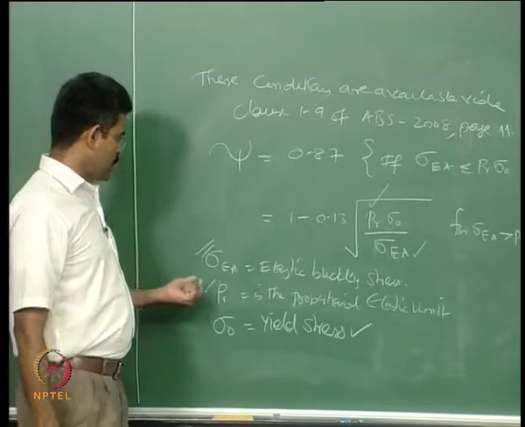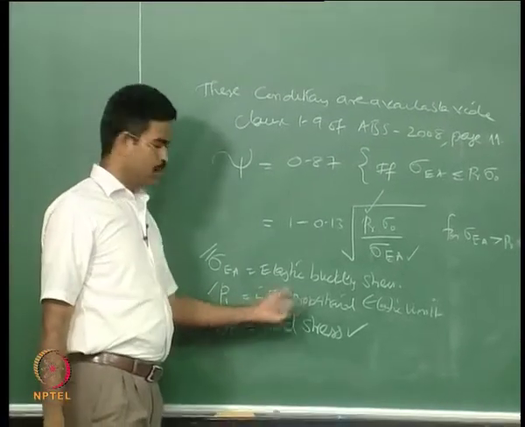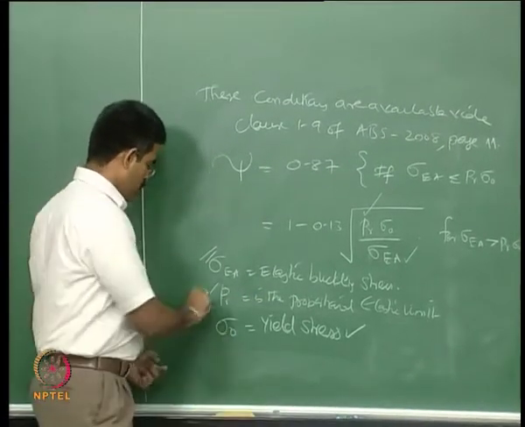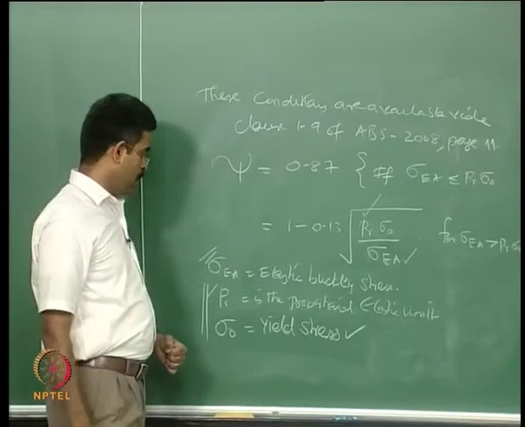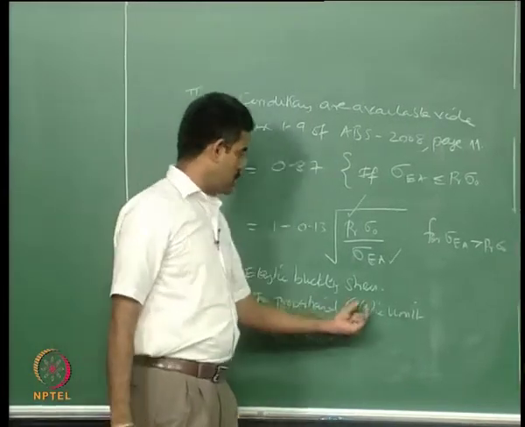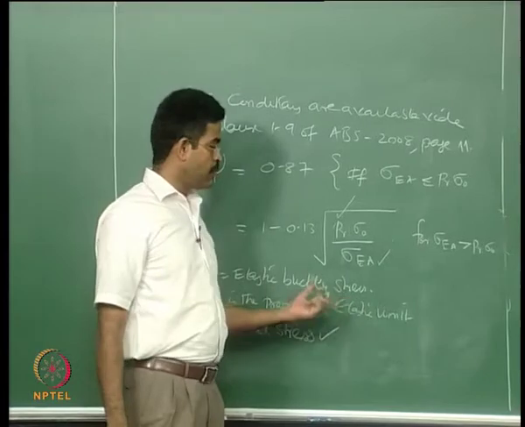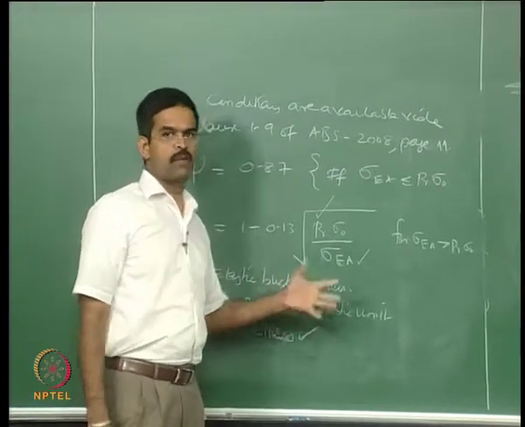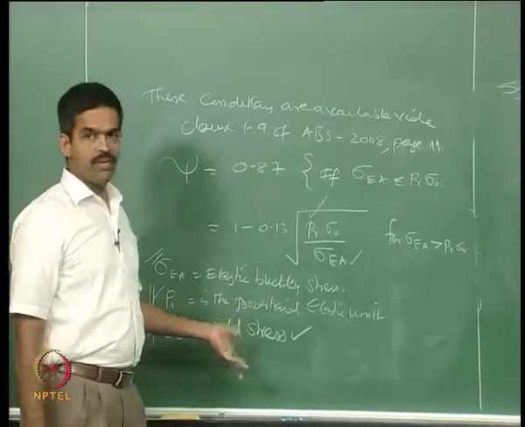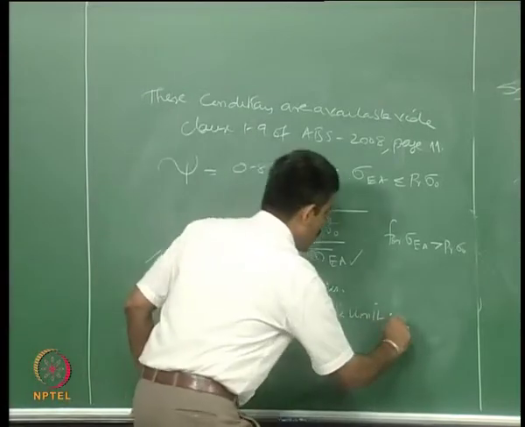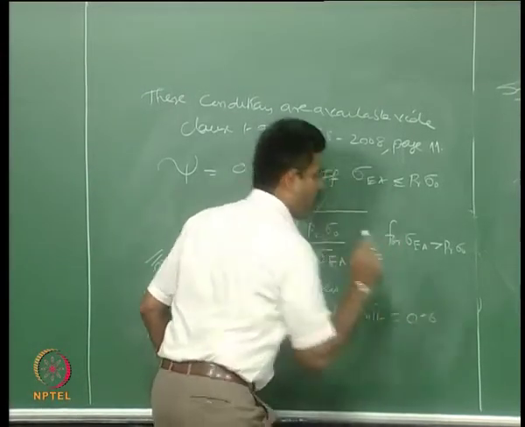You can see that the proportional elastic limit and sigma naught become material properties. You can always find out this proportional elastic limit from the standard stress strain curve of the material. Due to unavailability of this data, one can take this value as 0.6.